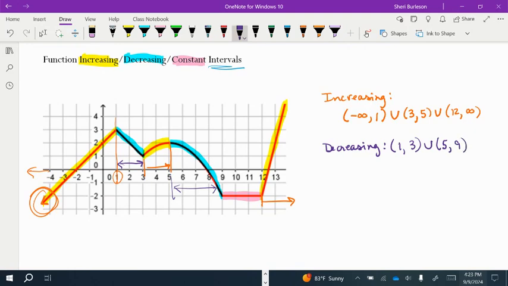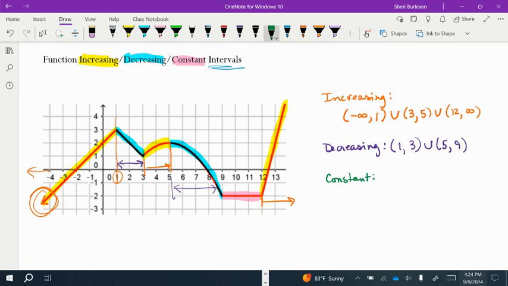When we talk about intervals of increase and decrease, we are talking over which x values. So this is like the domain of where the function is increasing or decreasing. And then there are no other intervals of decrease. So that is my increasing, then decreasing, and then constant.